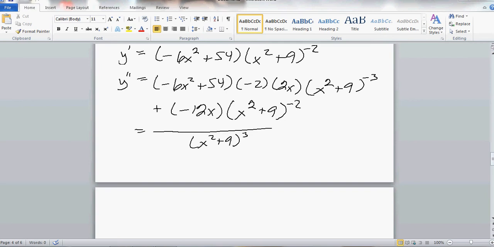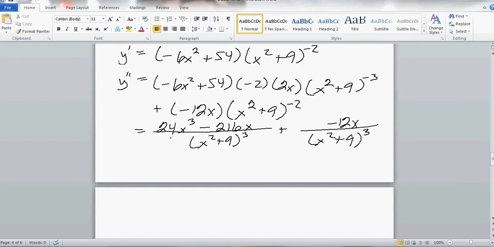And let's see, how does this all change? Okay, this will be negative 4x if I multiply those together, and I'm going to go ahead and distribute to this. So negative 4x times this would be 24x cubed minus, let's see, that would be 216x plus, cleaning this up, negative 12x times x squared plus 9 quantity squared.